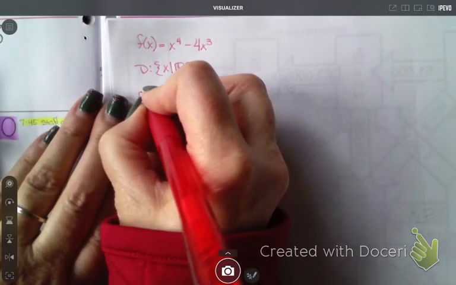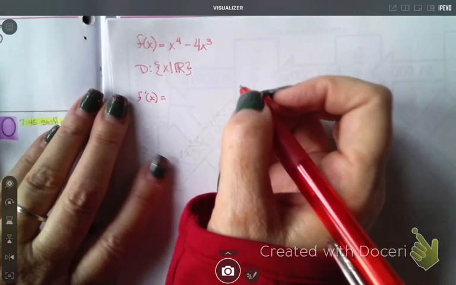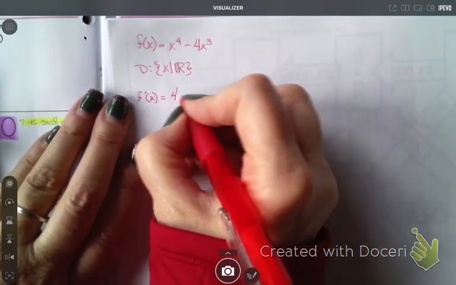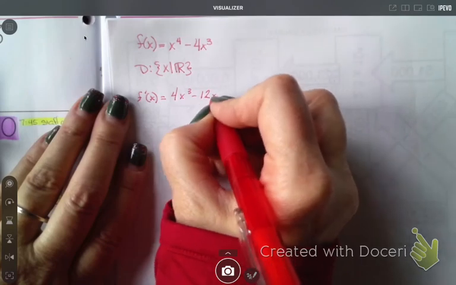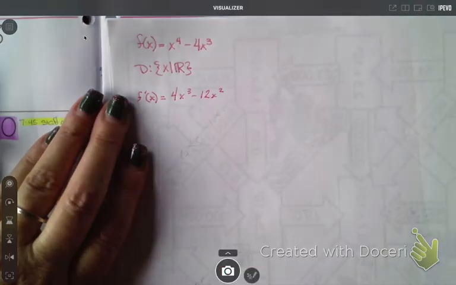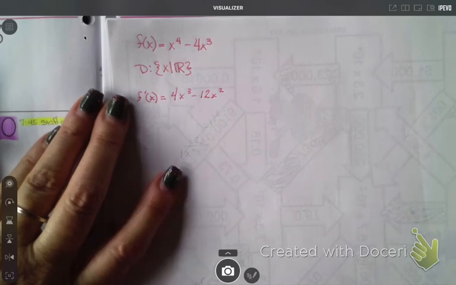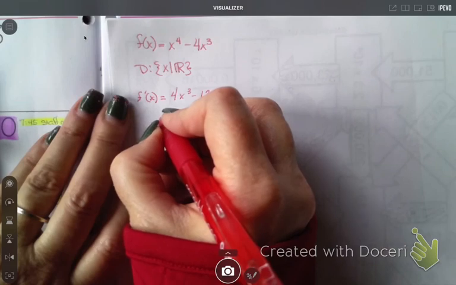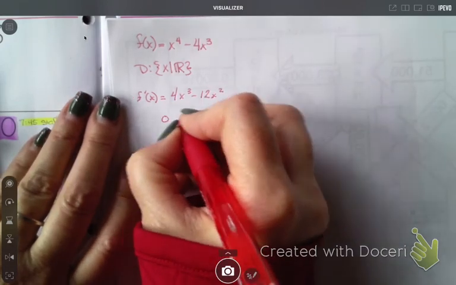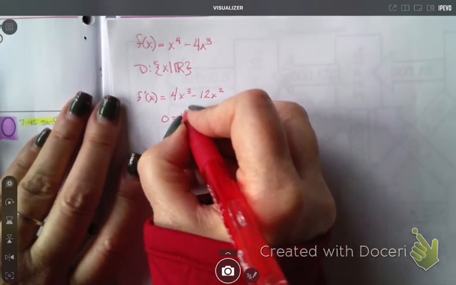First derivative test. 4x cubed minus 12x squared. So I found the zeros. I'm going to factor 4x squared out. How about you guys?